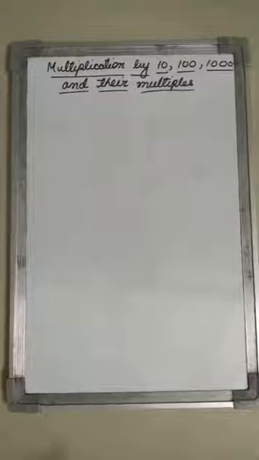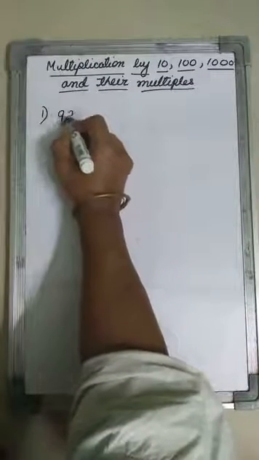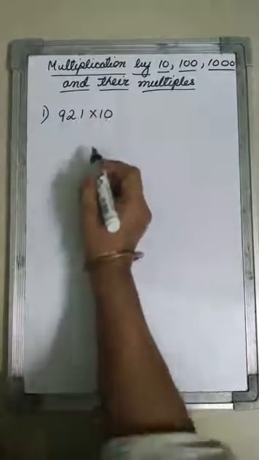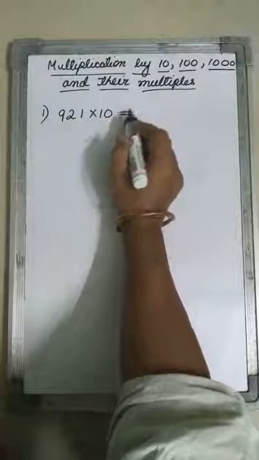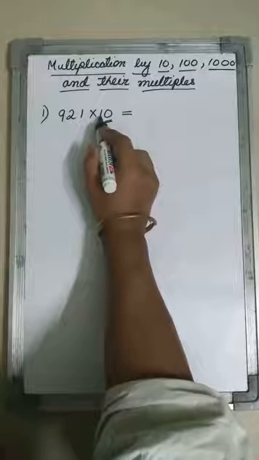So next is multiplication by 10, 100, 1000 and their multiples. I have already mentioned, if I multiply by 10, what is the shortest method? I have 1 zero after 1.